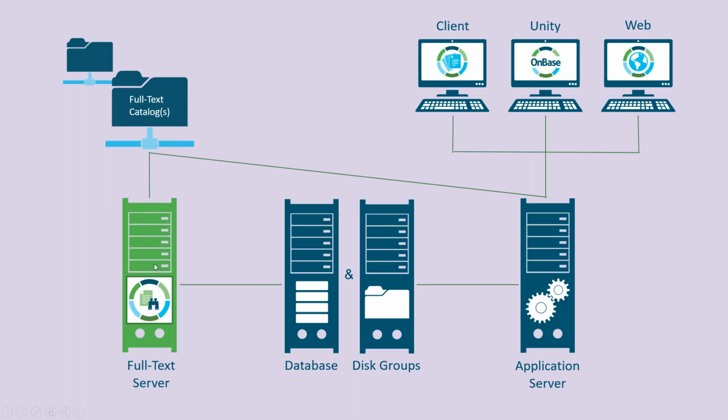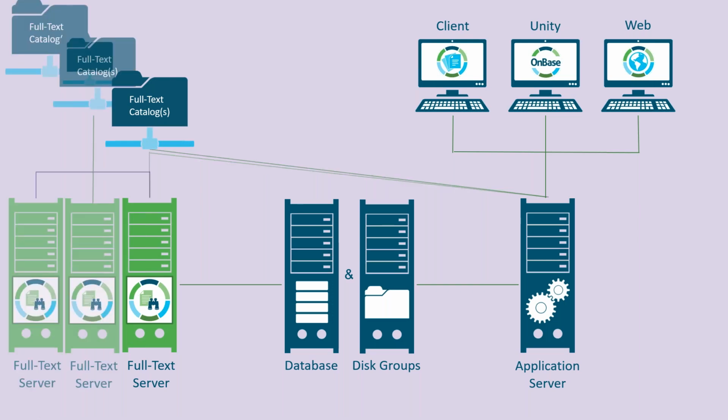As we actually open up any of those documents, again, the full text server is what's actually performing that hit highlighting and working hand in hand with your OnBase database and disk groups. And this can scale. So we can have multiple full text servers, we can have multiple full text catalogs. So really your choice for how robust you want to be building out this system, and that's somewhat dependent upon how many documents that you're going to be putting into the system.